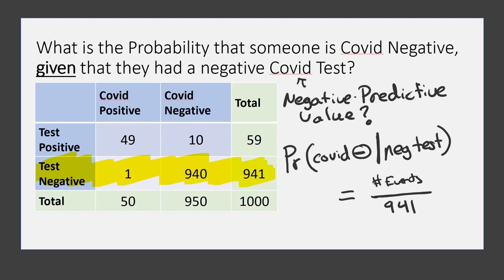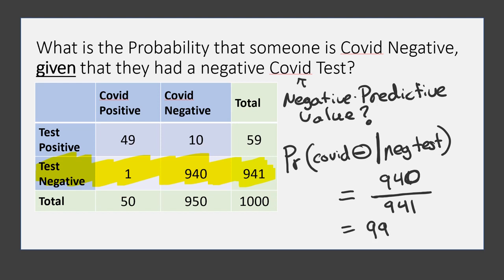The total number that have had the negative test is 941. So we're really only dealing with the highlighted data. All the rest of the data is just extra information at this point. So how many of those with a negative test are actually COVID negative? 940. So what is 940 divided by 941?